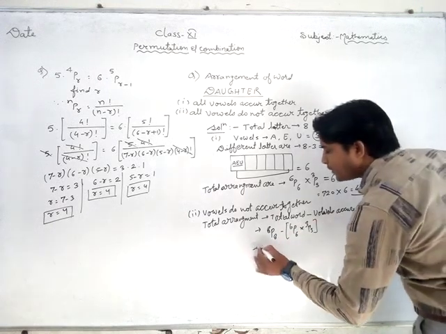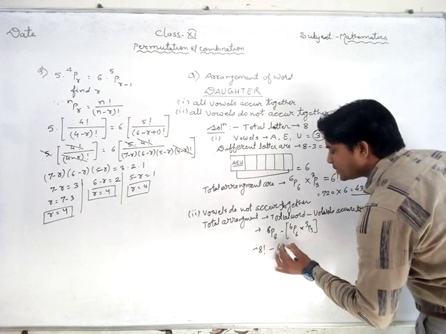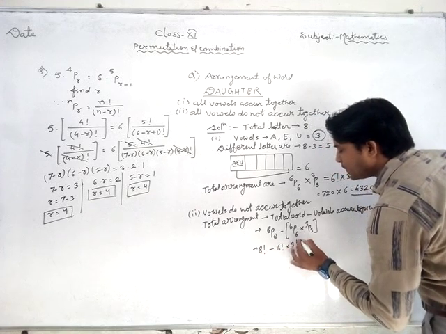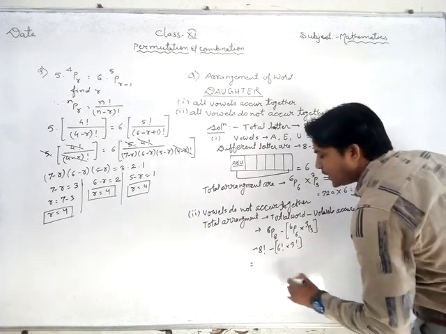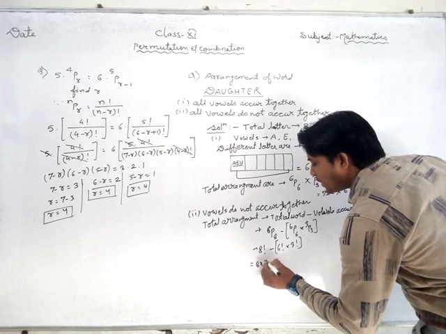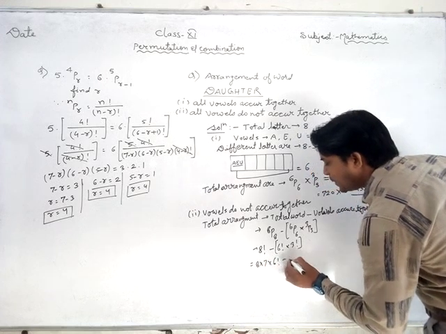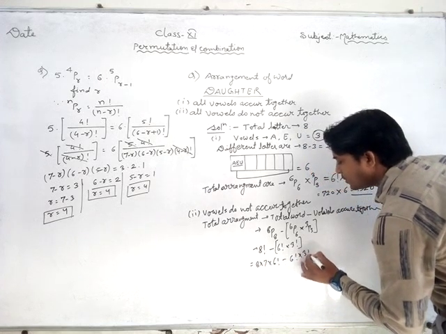So 8 factorial minus 6 factorial multiplied by 3 factorial. Clearly, 8 multiplied by 7 into 6 factorial minus 6 factorial into 3 factorial.